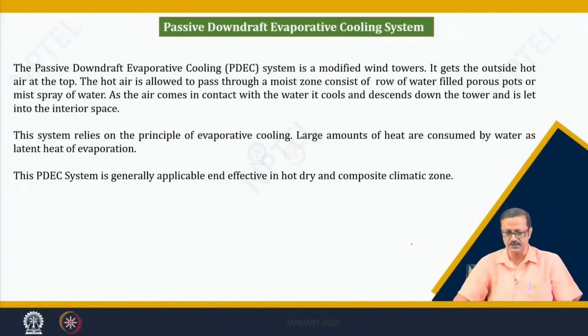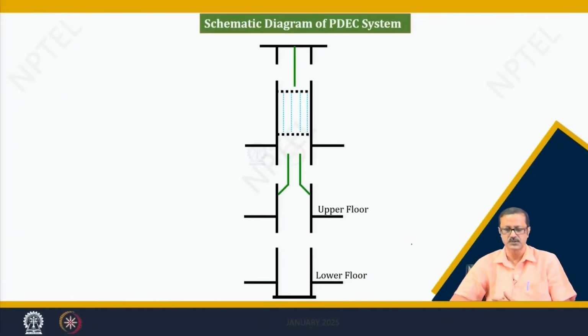It is a kind of cooling tower, also called a PDEC, passive downdraft, because it is a downdraft from top to bottom. I take the air in, and I have to cool it.